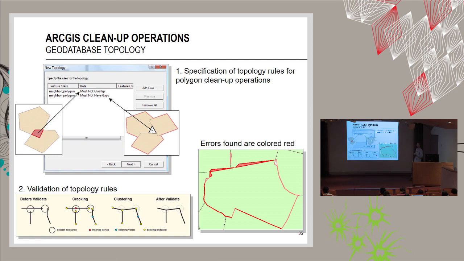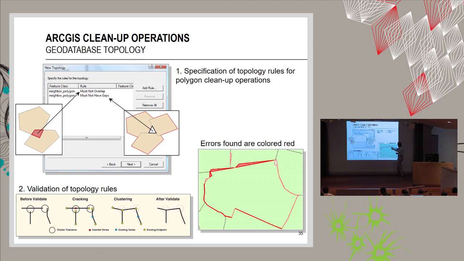It will create a so-called topology layer, and it will validate those topology rules. And it will automatically clean the errors depending on the tolerance. So if you make the tolerance very small, it will not clean your data, it will just show you the errors. And you can correct them manually with the so-called error inspector. That's possible.